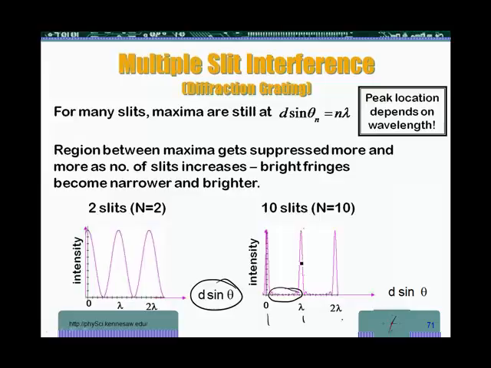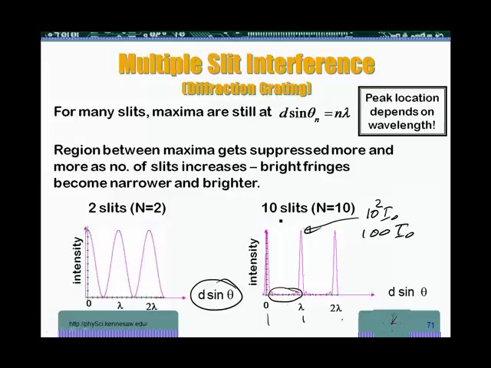The principal maxima is going to be due to all 10 rays adding up, meaning that the intensity here is going to be 10 squared I0, or 100 I0. And then for the secondary maxima, it's going to be a more complicated story.